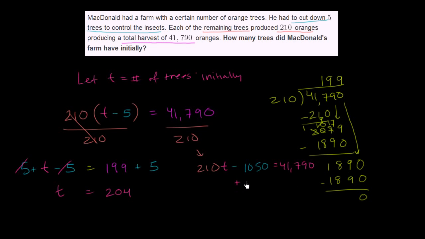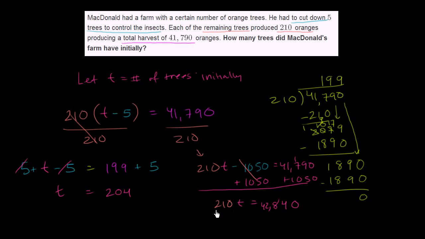So let me do that. 1,050, not 150, 1,050 to both sides. The left-hand side, you're just going to be left with 210T. While the right-hand side, you're going to be left with, let's see, 0 plus 0 is 0. 9 plus 5 is 14. 1 plus 7 is 8. 42,840.